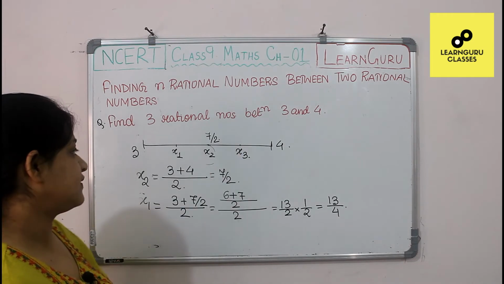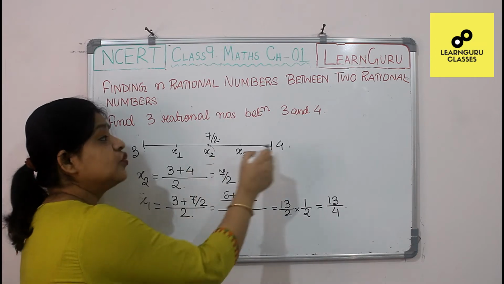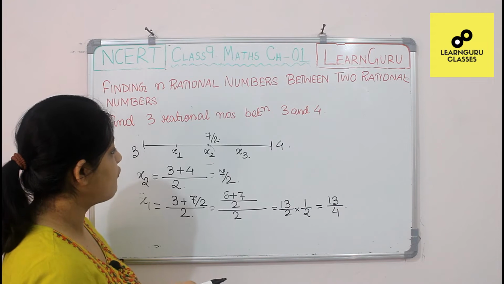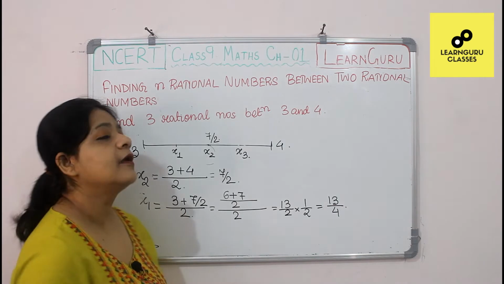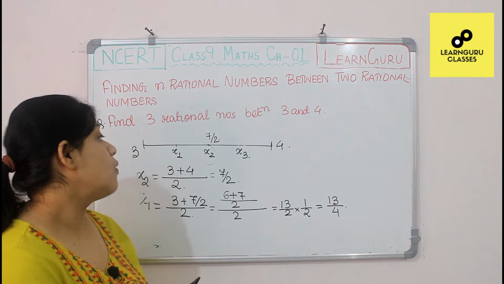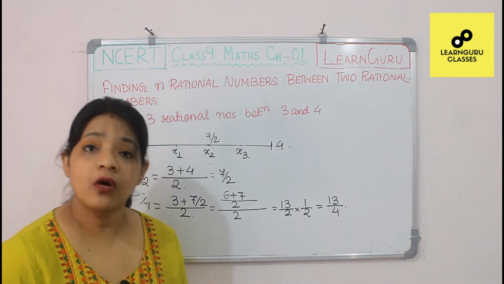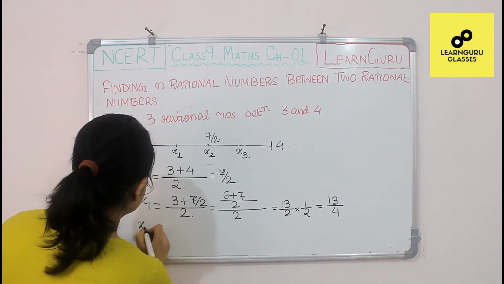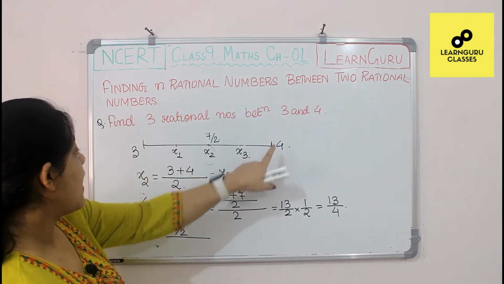Now come to x3. So x3 lies between x2 and 4, isn't it? Since all the points are placed at equal distances to one another, we can say that x3 is the midpoint of x2 and 4. And so the value of x3 is nothing but the mean of x2 and 4.